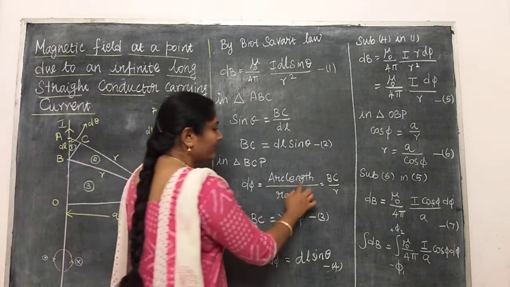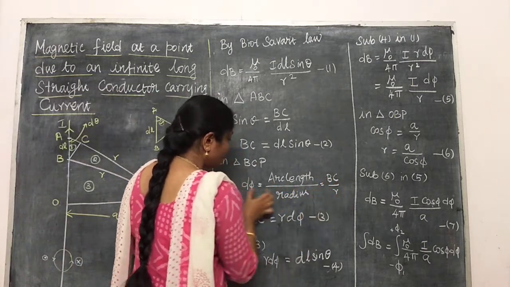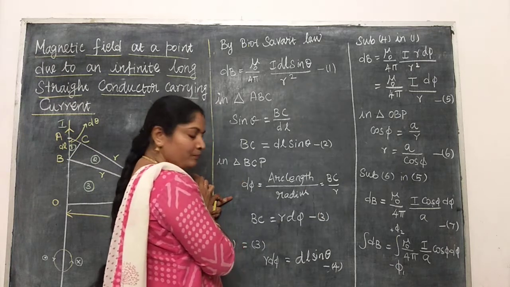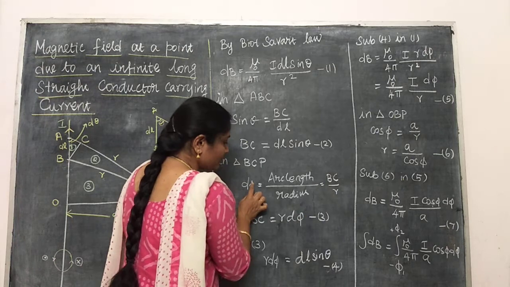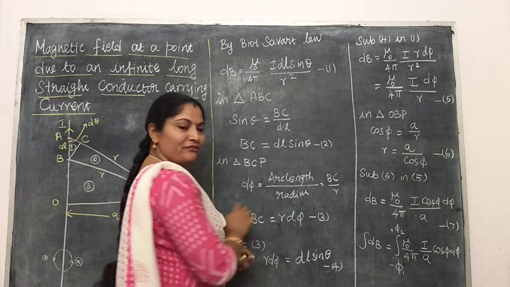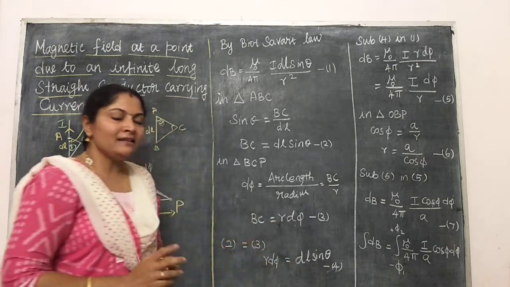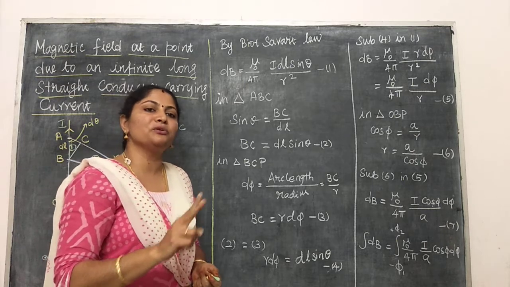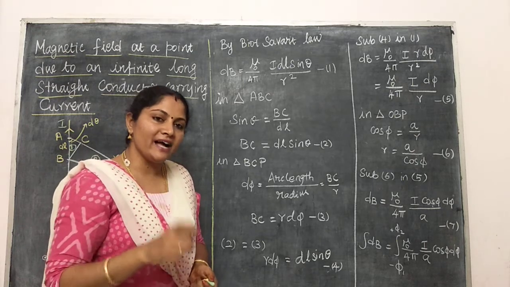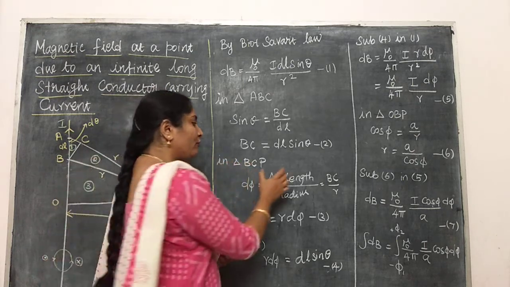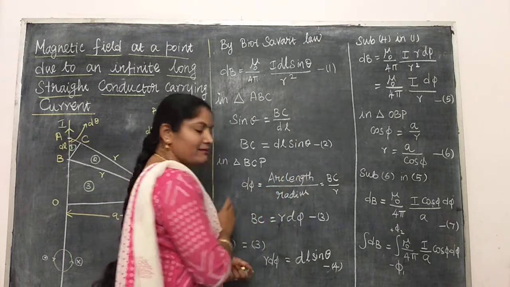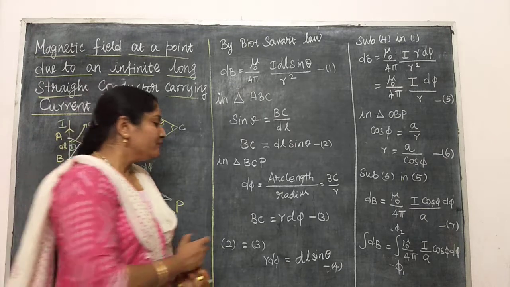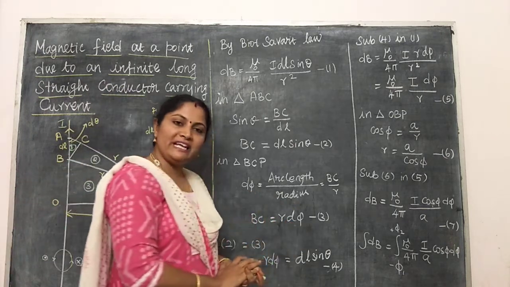So BC by r is equal to d phi. That is, BC is equal to r into d phi. This is equation number 3. So in the second triangle, we calculated the angle d phi with the help of the formula arc length by radius, from which we got the value of BC, which is equal to r into d phi.